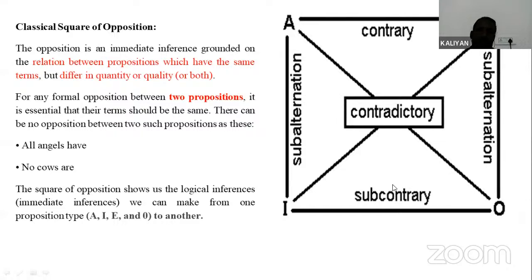So the proposition types are A, E, I, O. Remember the vowels A, E, I, O, U, you can cancel U, just remember A, E, I, O. Whenever they ask about the classical square of opposition, just draw this diagram. A and E are contraries, A and I are subalternation, E and O are subalternation, I and O are subcontraries. Both A and O, and E and I, are contradictories.